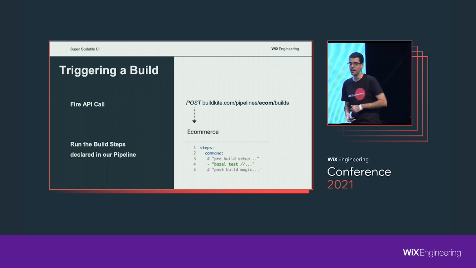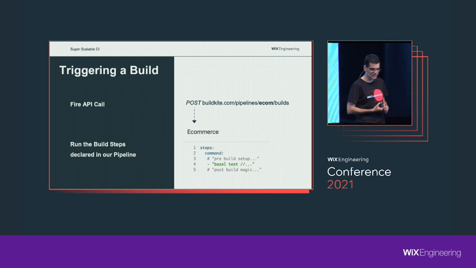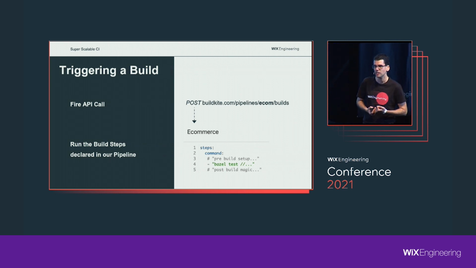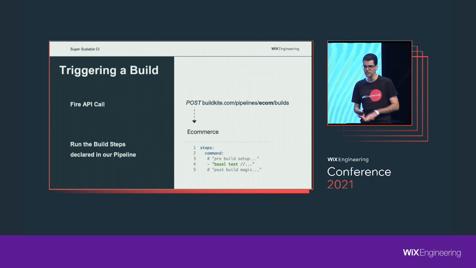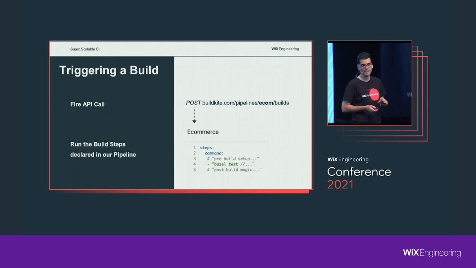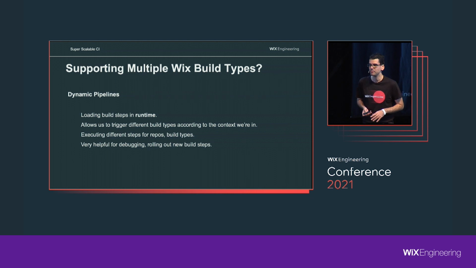However, this is not enough. As we saw earlier, we have a lot of build types, and each one of them behaves a bit differently. So we understood that we need a way to dynamically figure out what's the build context, which build type should be triggered. So in order to solve that, we use Buildkite's dynamic pipelining.